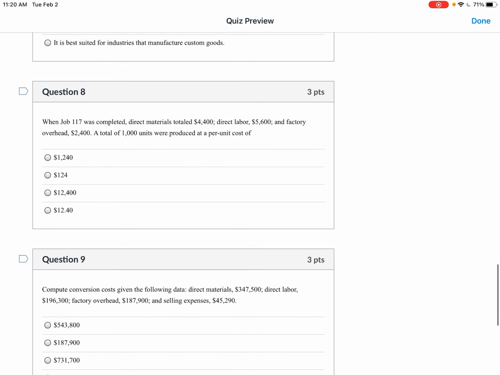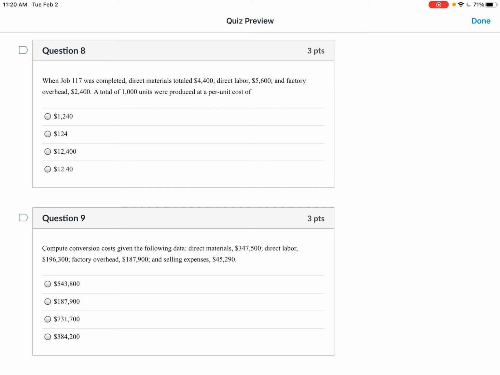Number 3, let me find it for him. All right. When job 117 was completed, direct materials totaled $4,400, direct labor $5,600, and factory overhead $2,400. A total of 1,000 units were produced at a per unit cost of blank.